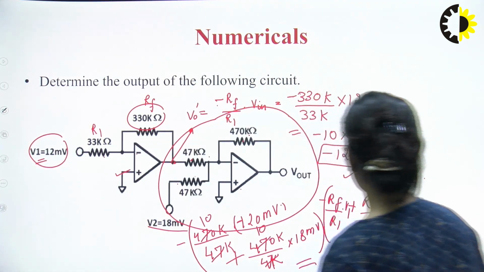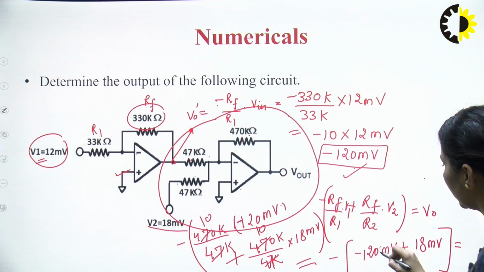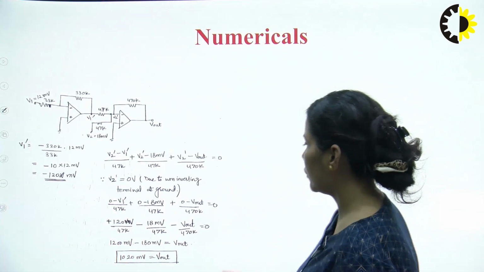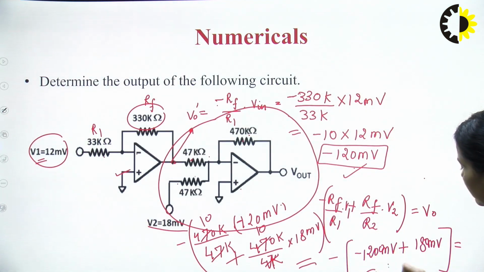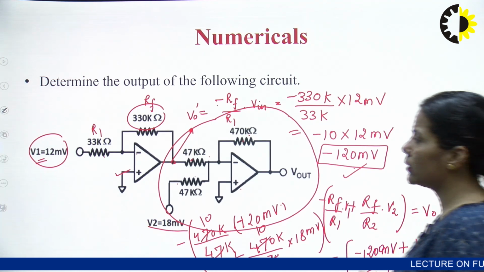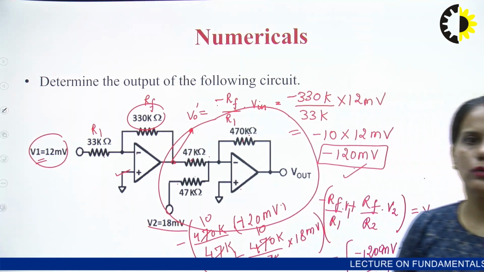This is 10 multiplied by 10, 1200, and this is 180 millivolts. So your answer will be 1020 millivolts. After solving this, you will get the solution as 1020 millivolts.